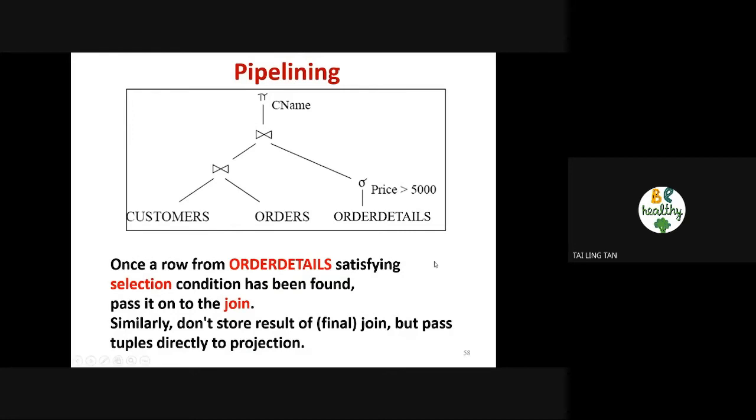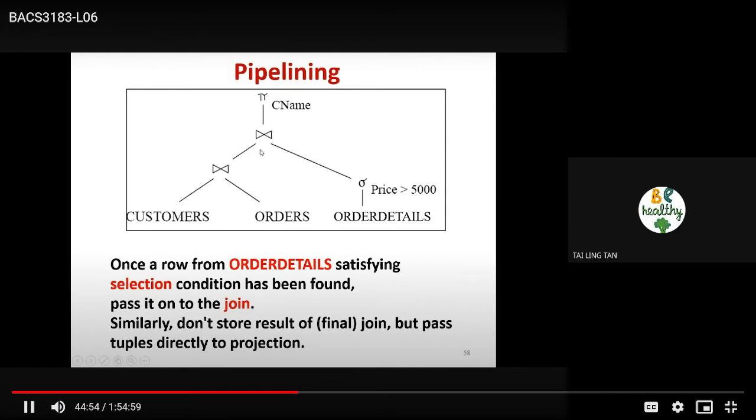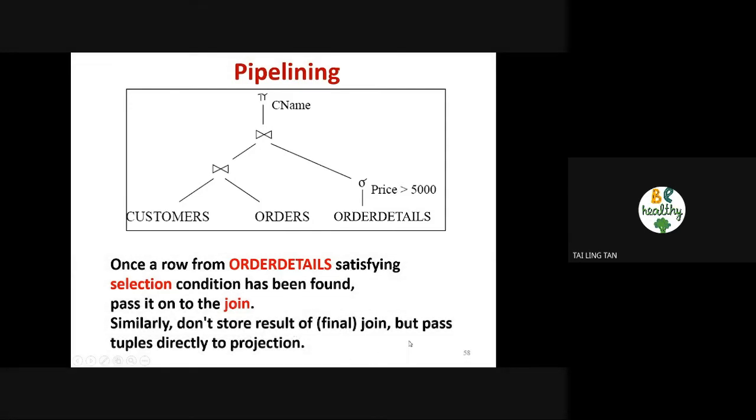For the pipeline, it tries to do this. Once a row of order detail satisfying the selection condition has been found, it will just pass it to the join, then the join will start doing the search rather than saving it to the disk. So don't store the result, but try to pass it directly to the projection. For the searching part here, if we already have an individual record, based on this record we can continue searching here.